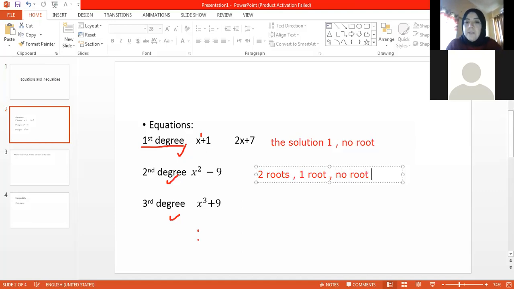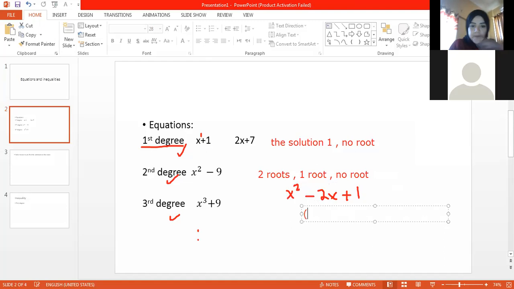I will give you examples. For example, if we have, I'm going to write this, x squared minus 2x plus 1. Can you give me the factorized form of this? It's supposed to be a minus b squared, right? Exactly. So it's x minus 1 squared.